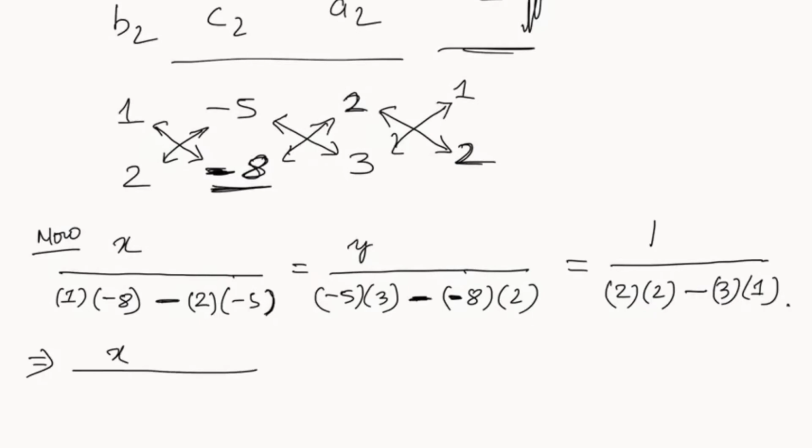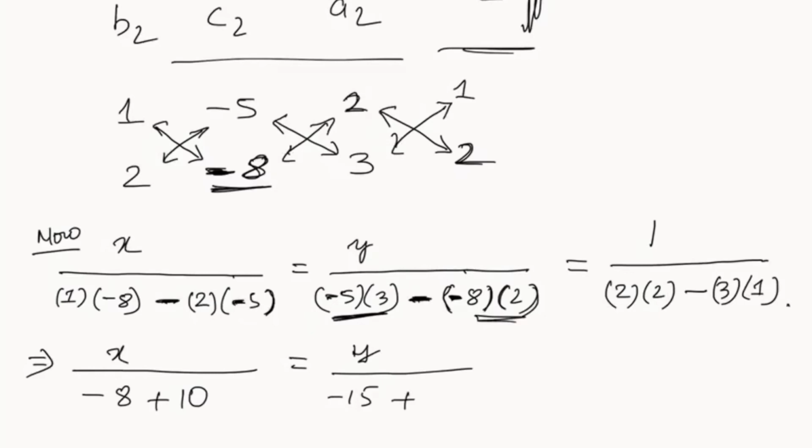After this it's pretty simple. This equals x. Now just class 3 addition, subtraction and multiplication. Minus 8 into 1 is minus 8. Now we have a situation here, we have a minus, another minus here, and then we are multiplying the whole thing, so it will become plus. So 2 into 5 is 10 equals y. Minus 5 into 3 is minus 15. Again, another situation where we have minus and minus, and we are multiplying, so minus into minus is plus, 8 2s are 16, equals 1 by 2 into 2 is 4.